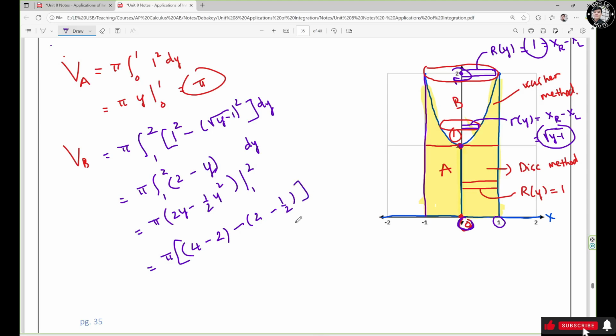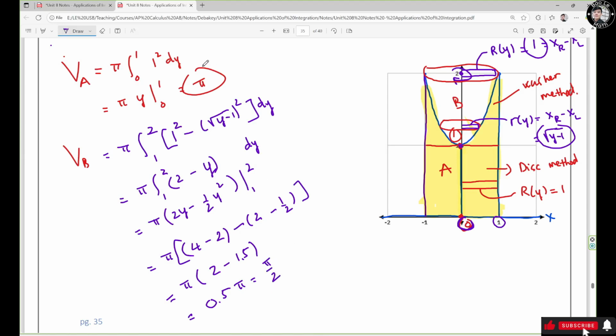Now I'm going to simplify. It's going to be pi times 4 minus 2 is going to be 2. 2 minus 1 half is going to be 1.5. And it's going to be 0.5 pi or pi over 2.